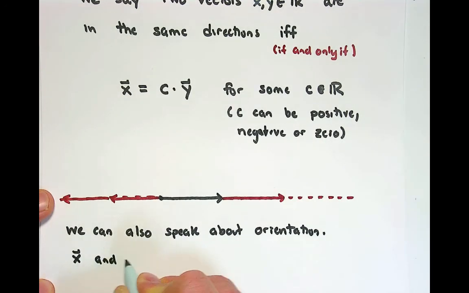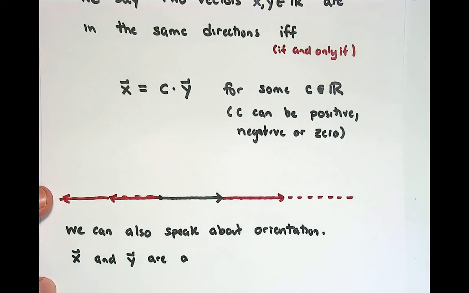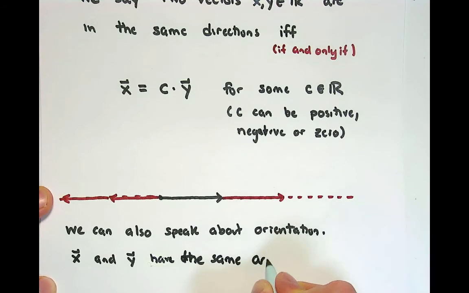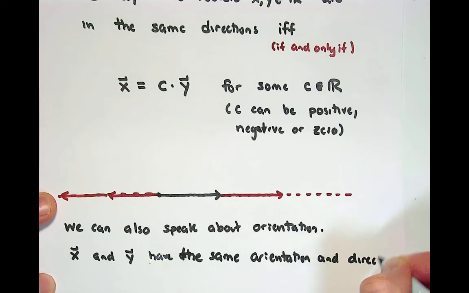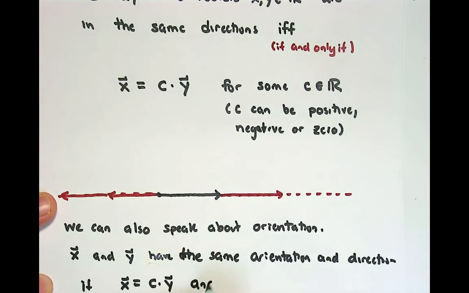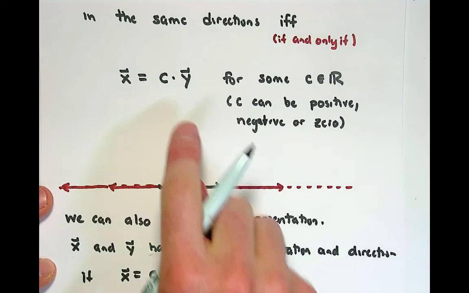So x and y have the same orientation and direction if x equals c times y and c is a positive number.